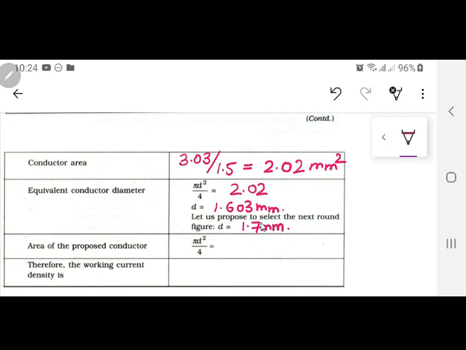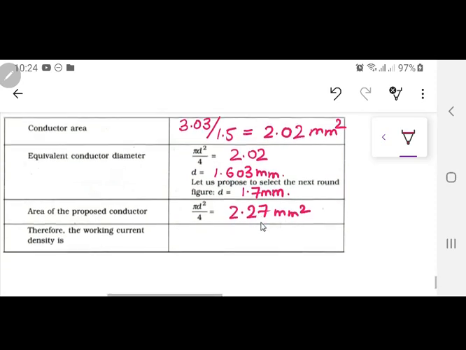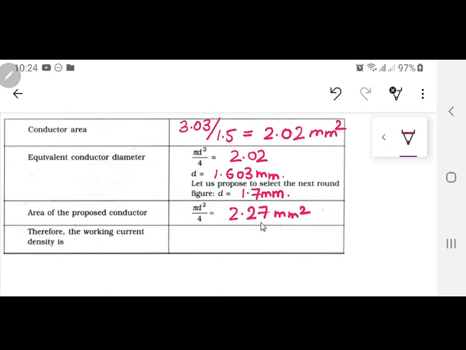So what is going to be the area of the proposed conductor? Plug in 1.7 in this formula, give me the area. 2.27 mm square. Based on this 2.27 mm square, what is the working current density? For that you divide 3.03 by 2.27.